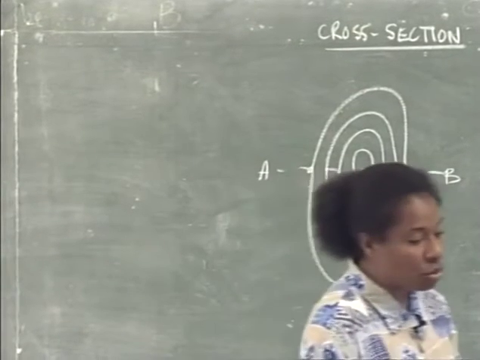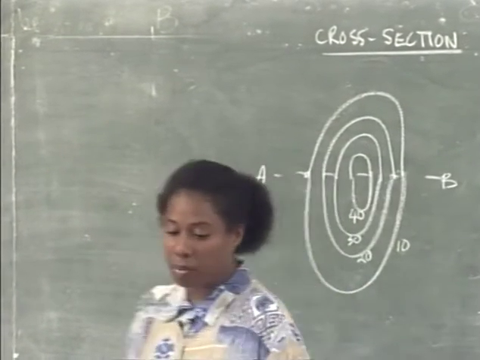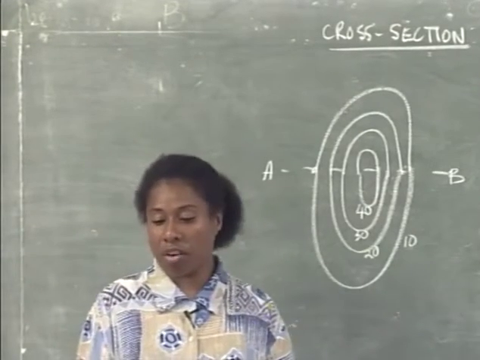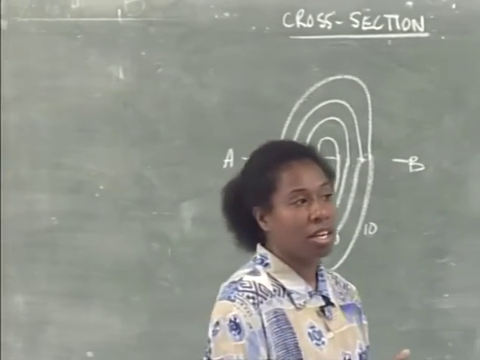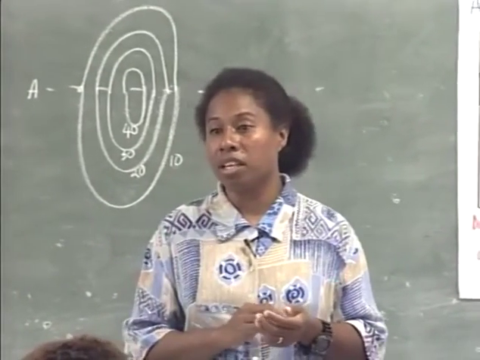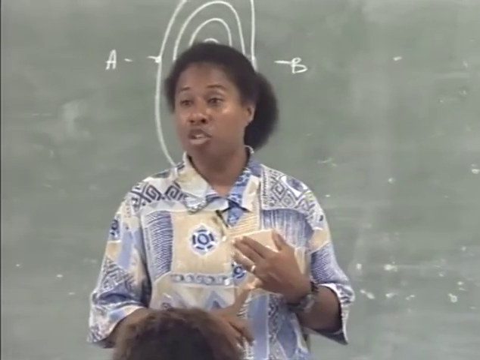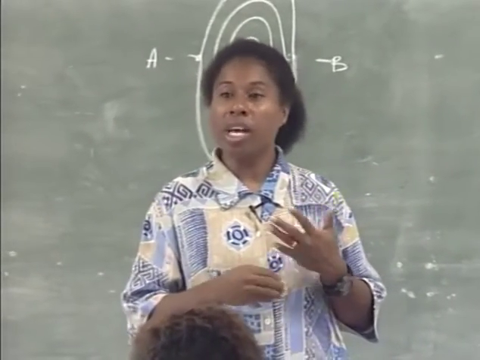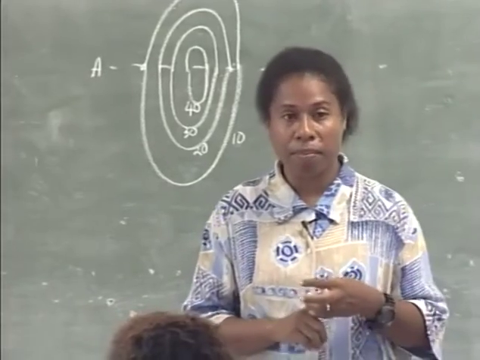Okay, now we are going to do some activities together, and the activity will be construction of a cross-section. I'm going to go through the steps and demonstrate how to do the different steps in the construction of a cross-section, and you will also be required to follow those steps. So we are going to construct a cross-section of that model together.